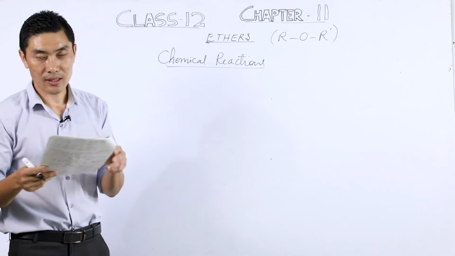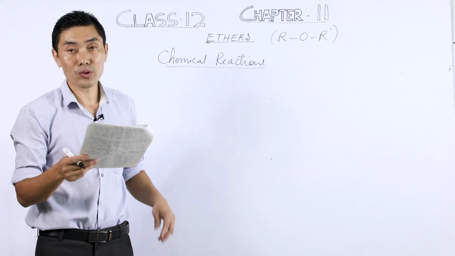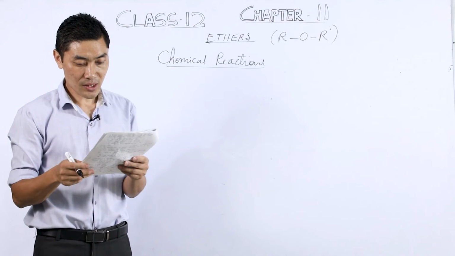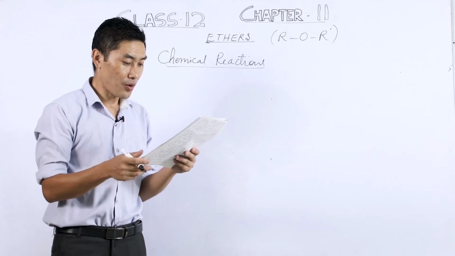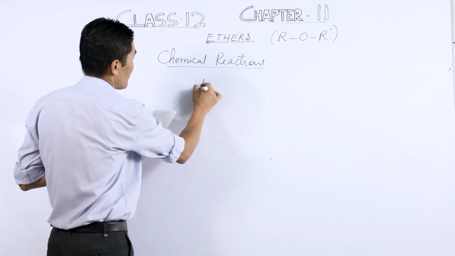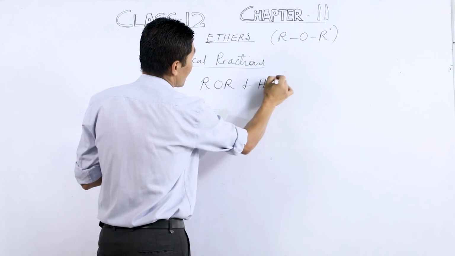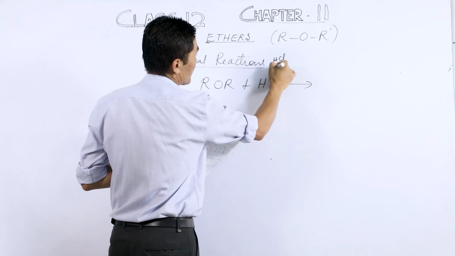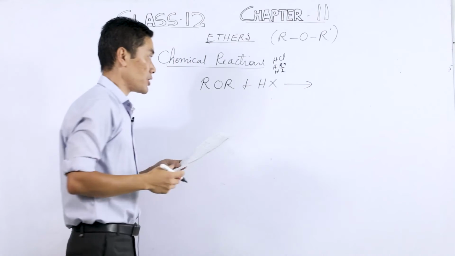The first reaction involves the cleavage of the C-O bond in ethers. This reaction takes place under drastic conditions with excess of hydrogen halides. Whenever an ether is treated with a hydrogen halide, it can be HCl, HBr or HI, any one of these can be used.